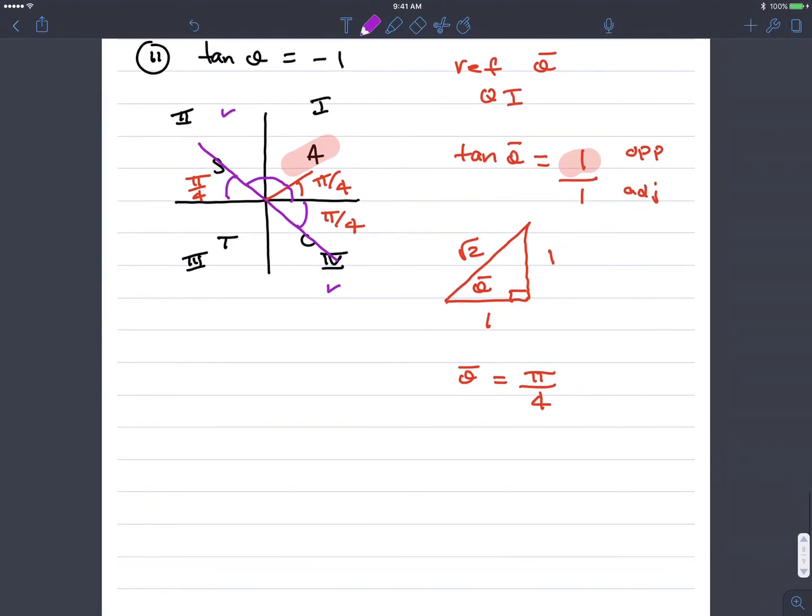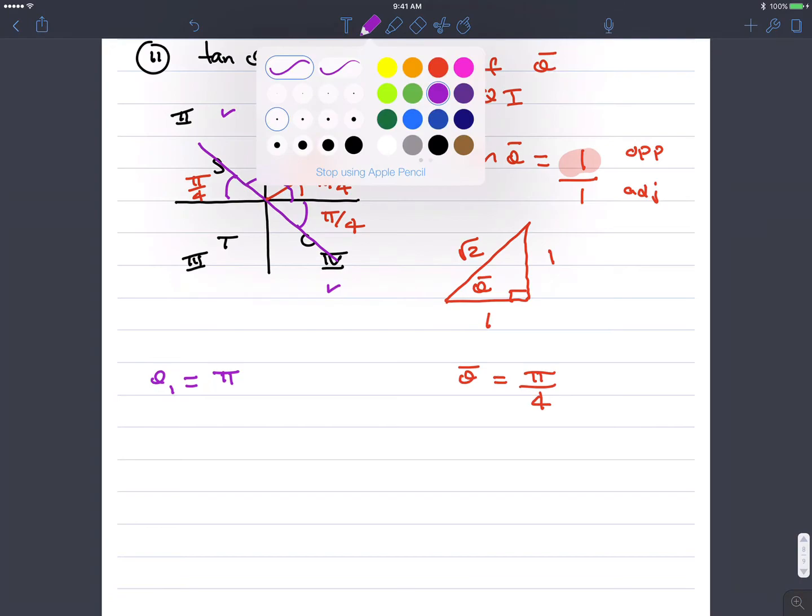So theta 1 is what value? How do we find theta 1? It's quadrant 2. Anybody remember? It's going to be what? Pi, good, minus the reference. Maybe I should put that in red. Pi minus the reference, okay?